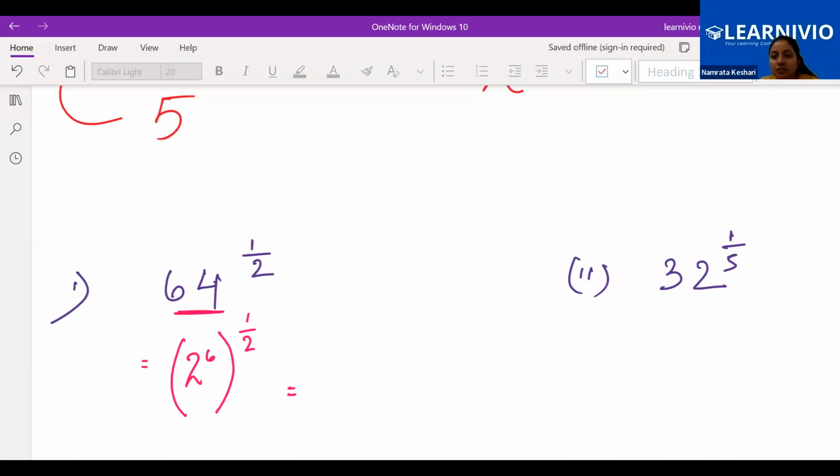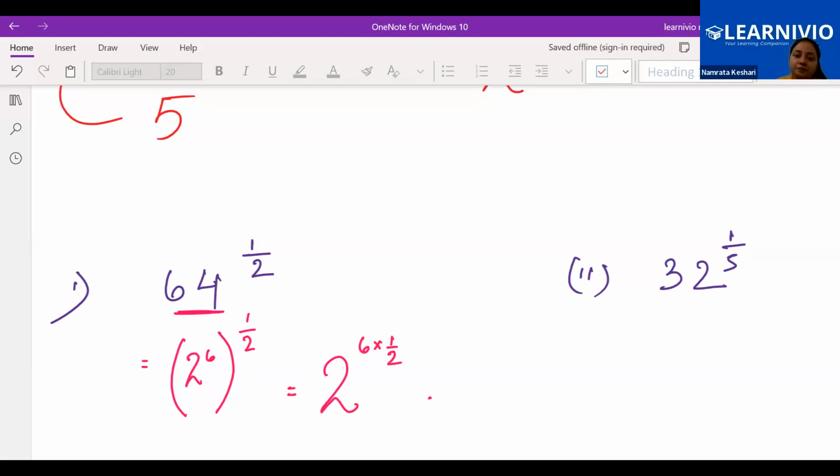Ma'am, it would be 2 raised to the power 6 into 1 by 2. Okay, Arhan and Shad are saying the same thing. Samya, what will be there? The same. Are you also saying that we must write 2 raised to the power 6 into 1 by 2? Yes. We will be writing 2 raised to the power 6 into 1 by 2.